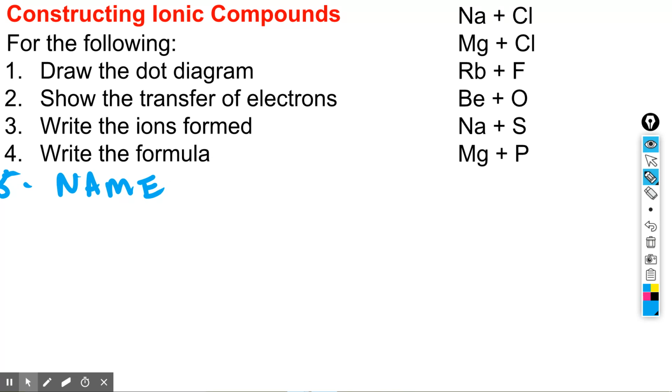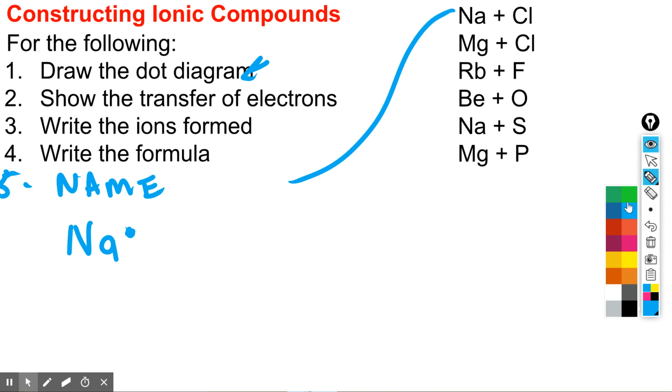So draw the dot diagram. Here's the first one that we're going to do. There's space on your paper. Draw the dot diagram first, right here. We're on step number 1. In that empty space below number 6, Na has 1 valence electron because it's in group 1.